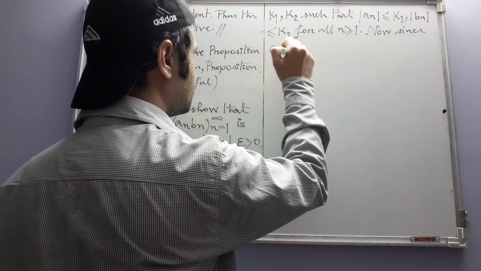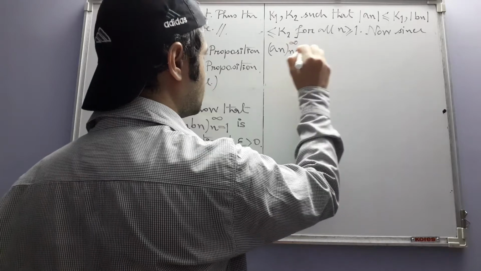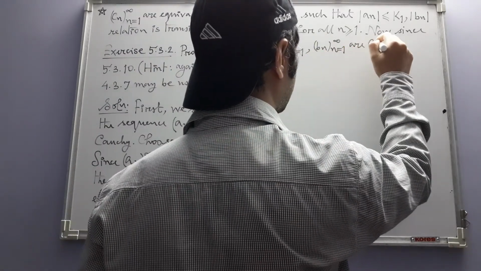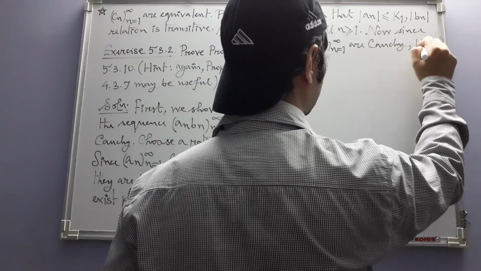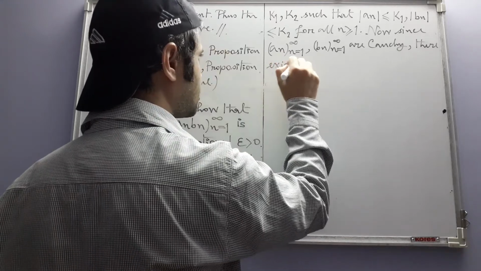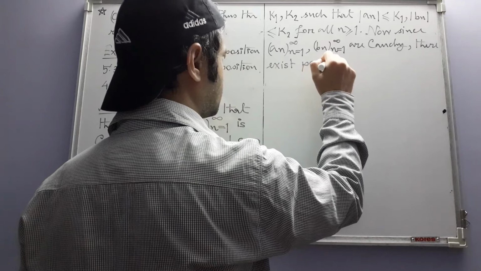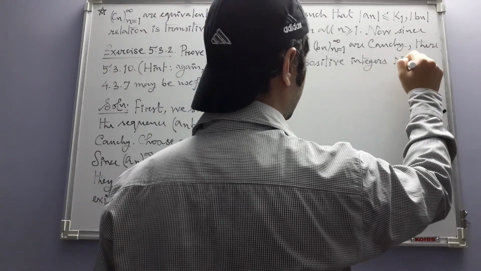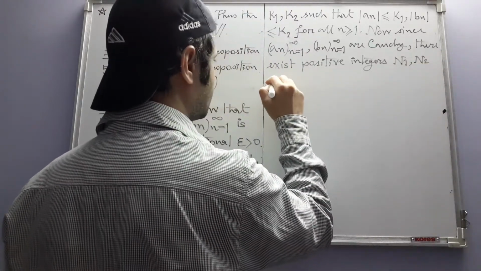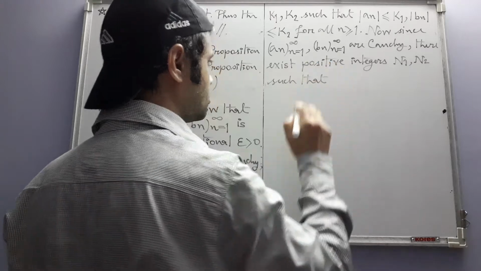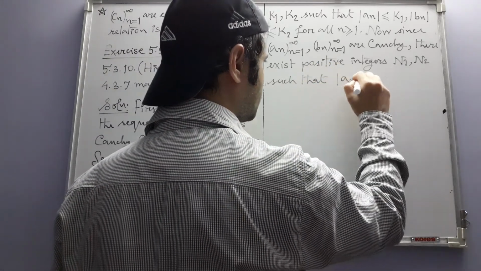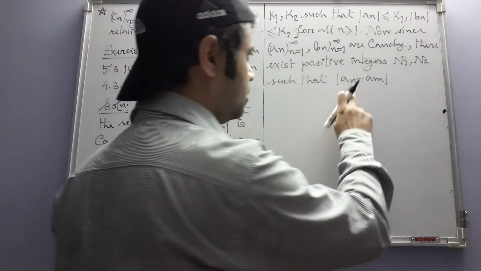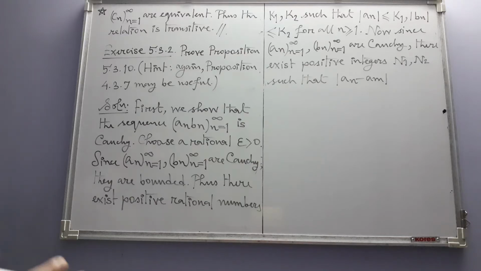Now, since an, bn are Cauchy, there exist, just like before, positive integers n1 and n2 such that the distance between an and am, because we are going to write the condition for Cauchiness, so we have to take different terms from the same sequence.